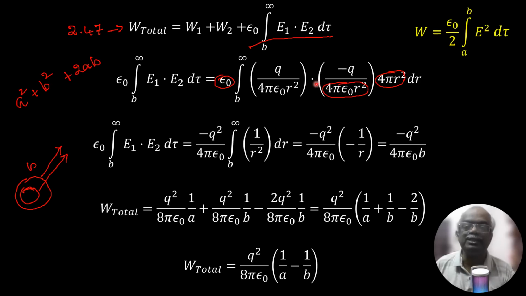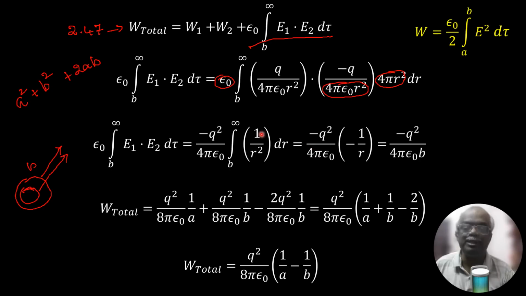So only one 4 pi epsilon naught r squared is left. Here q into minus q gives minus q squared over 4 pi epsilon naught. I am taking 1 over r squared inside, and we are integrating with respect to r.